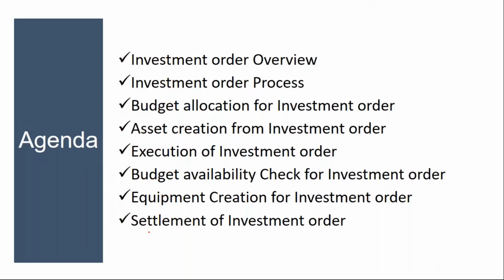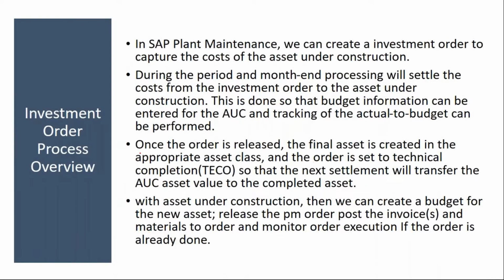Okay, so in SAP plant maintenance, we can create an investment order to capture the costs of the asset under construction. Normally in real time, companies procure new equipments. When they purchase or procure the new equipment, then they will do the installation and commissioning.